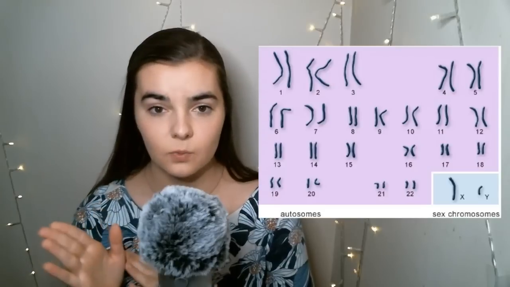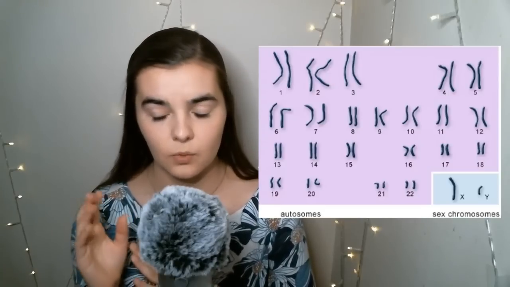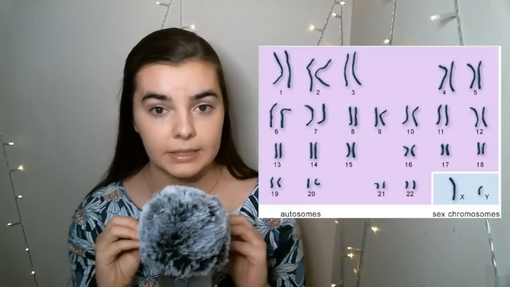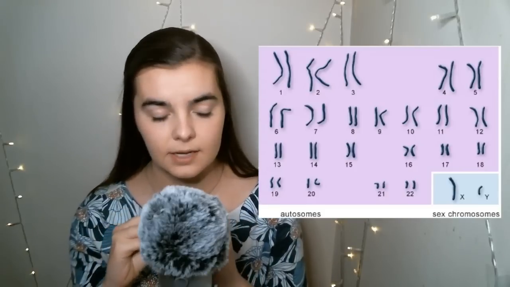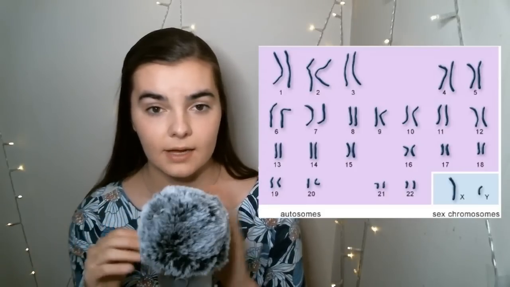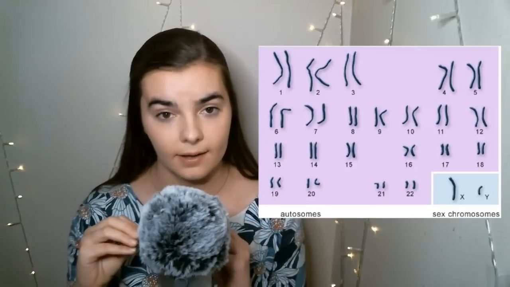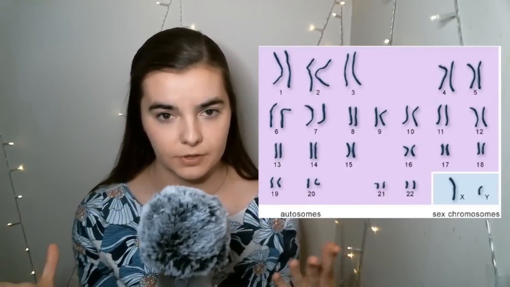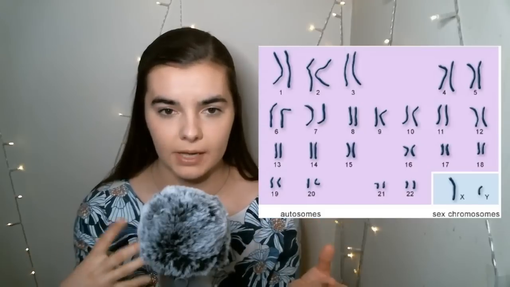And then there's one sex chromosome where females get an X chromosome from each of their parents, whereas males get an X and a Y chromosome. So that's the only chromosomal difference between biological males and females.